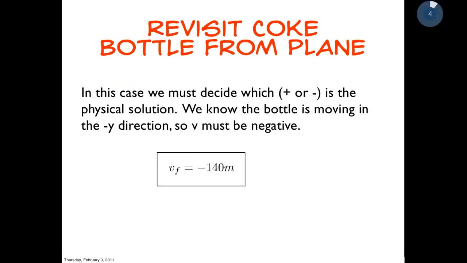In this case, it is important to decide whether or not your final answer should be the positive or negative solution. And since we know that the bottle is moving in the negative y direction, we know that the velocity must be negative. So the correct answer is v final equals negative 140 meters per second. In order to receive full credit for this problem, you must get the direction correct.